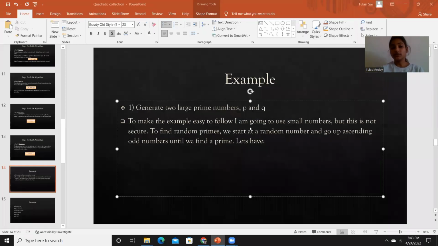Now I'll explain an example of the RSA algorithm with a stepwise procedure. The first step is key generation.